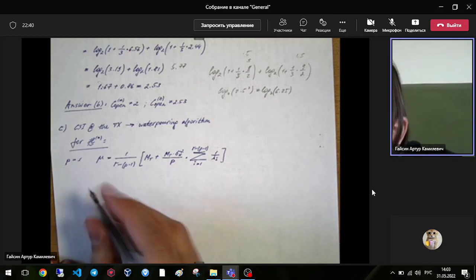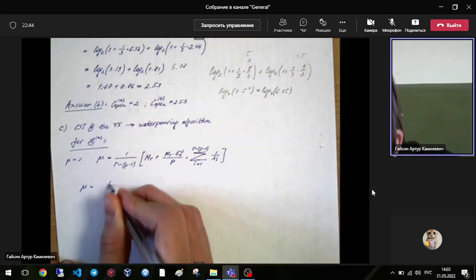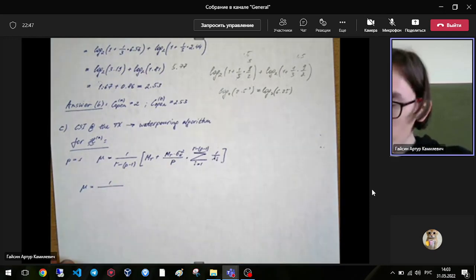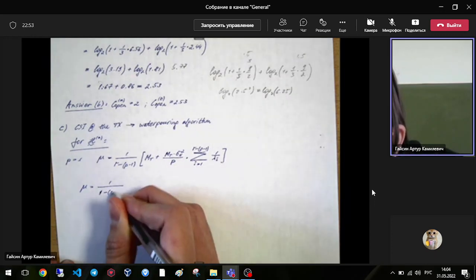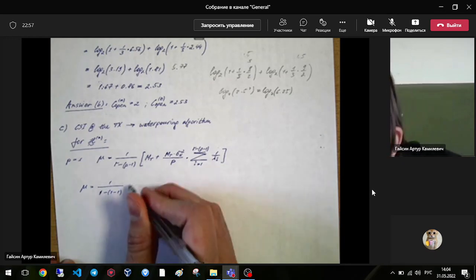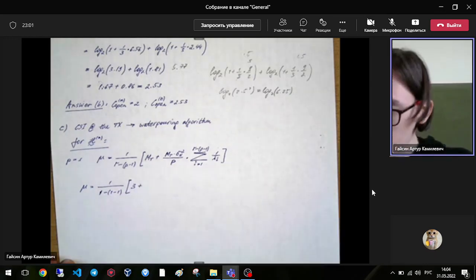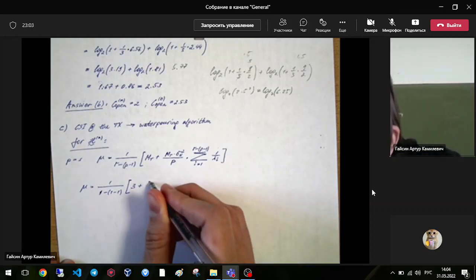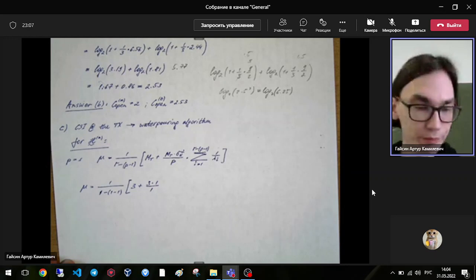In this case, we can write mu is equal to 1 divided by the rank of this channel, which is equal to 1. So 1 minus 1 minus 1, so it is just 0 here. Then number of transmit antennas is equal to 3 plus 3 times 1 divided by 1, so it is just 3.